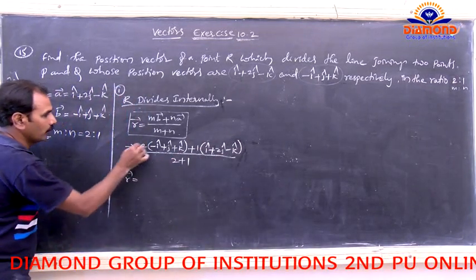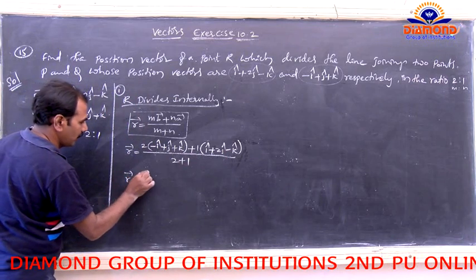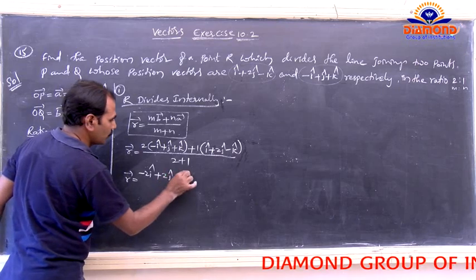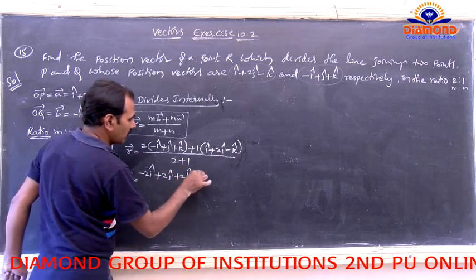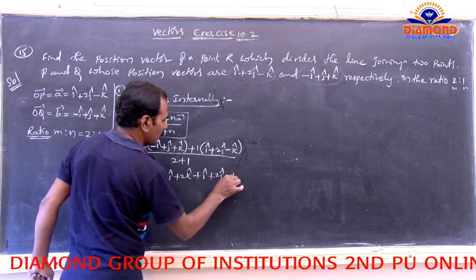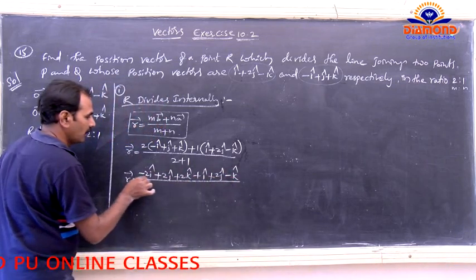R bar equal to minus 2 I cap plus 2 j cap plus 2 k cap plus I cap plus 2 j cap minus k cap divided by 3.